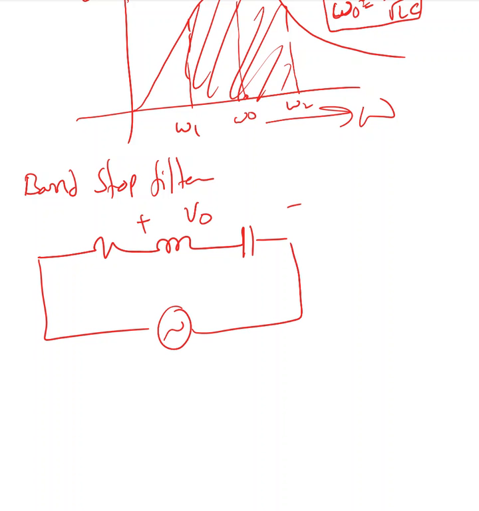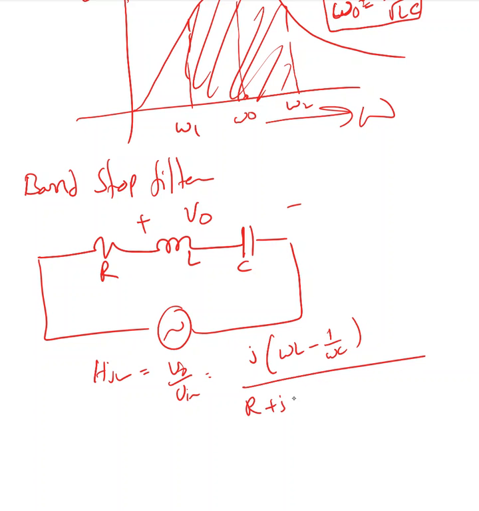I'm going to take my output across L and C. So here also H(j omega) equals V0 over Vin equals j times omega L minus 1 over omega C, divided by R plus j times omega L minus 1 over omega C. Here also, the resonant frequency is going to be 1 over square root LC.